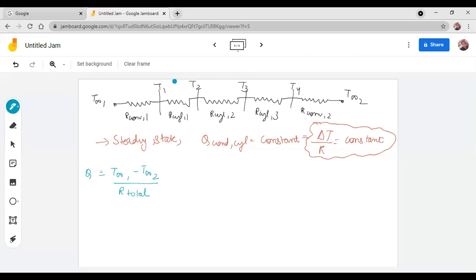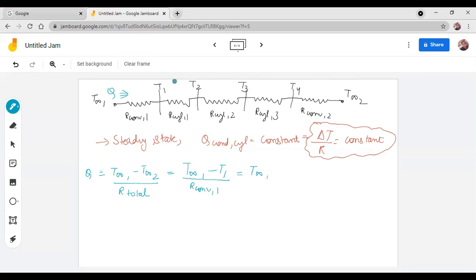This we have derived in the previous derivation for multi-layered cylinders, so it is just a reference to that video. And we'll see that because it is a series network, right? The Q will go through this and it will be equally flowing everywhere because this is a series network and it is a steady state. So this will be equivalent to T infinity 1 minus T1 upon R convection 1.